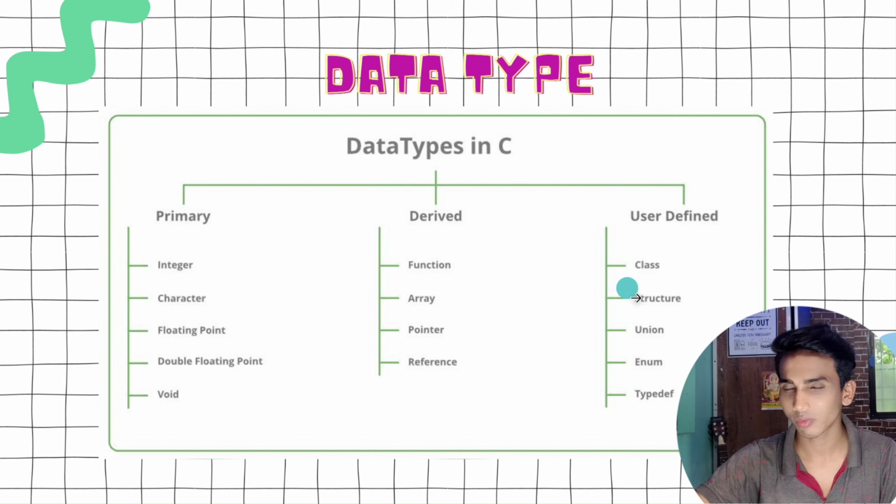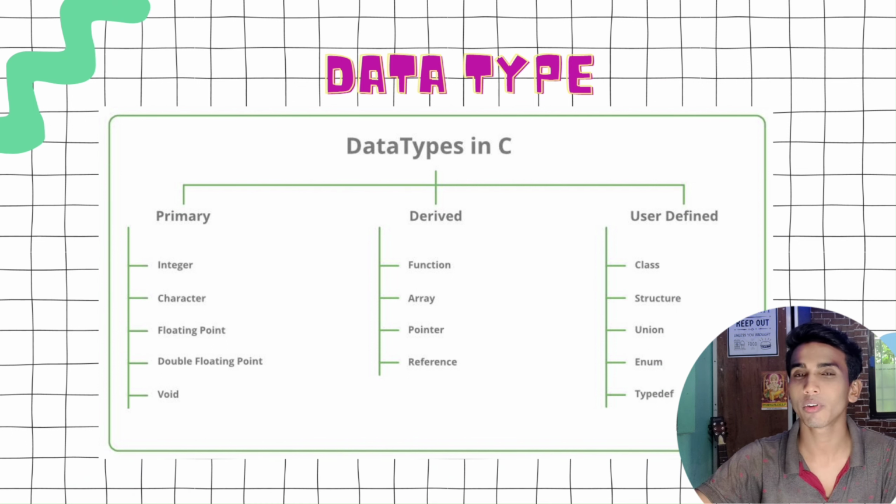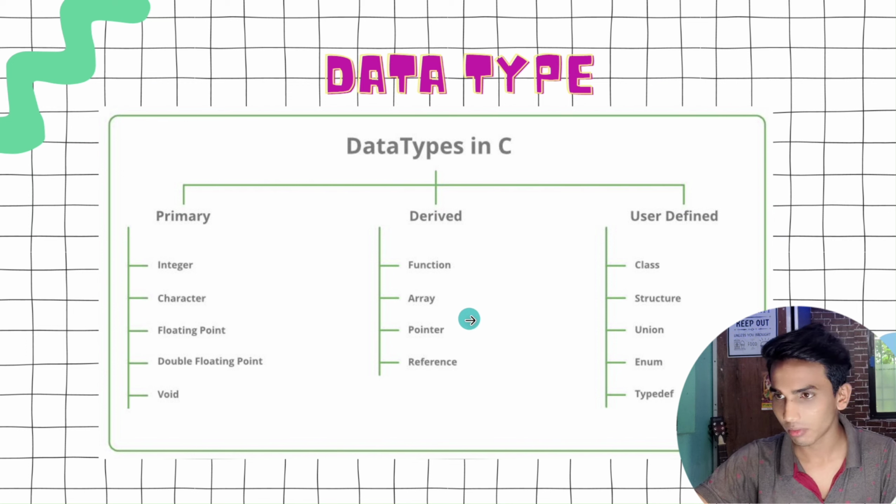We are the users, we are the programmers who will make these sorts of data types. They are class, structure, union, enum, and typedef. These will be discussed in later classes when we move on to making bigger programs. For derived, we have functions, array, pointer, and references.